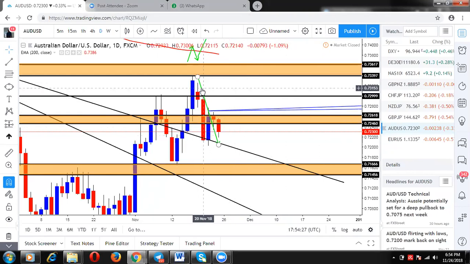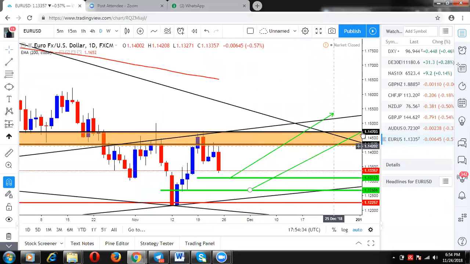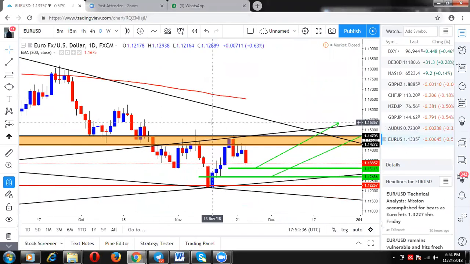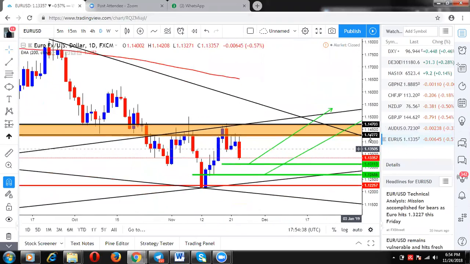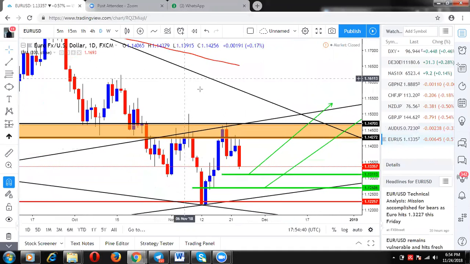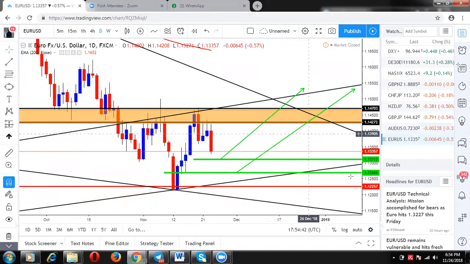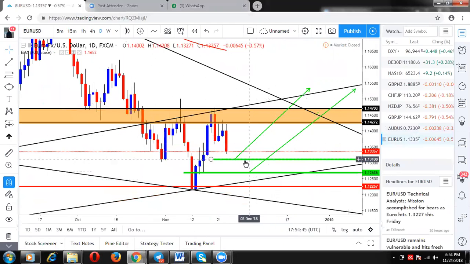You have to learn how to mark up your chart, because that's why I'm training on how to mark up charts. Once you know how to mark up charts, you will not have a problem reading charts. The red line I gave is my anticipated stop loss. That's if I'm taking a trade, that's where I'm going to put my stop loss. The green lines are my entry points that I'm going to be taking based on price action.